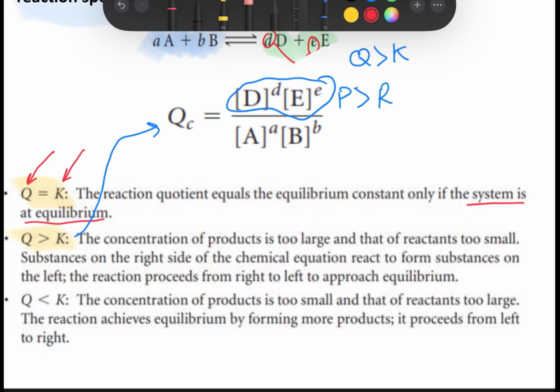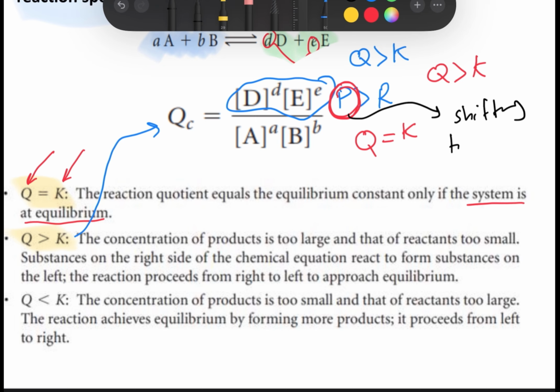At the end, your reaction wants to be in equilibrium, in which Q must be equal to the value of K. Since you have more products at that point, the reaction needs to decrease the amount of the products by shifting to form more reactants and consume more products.